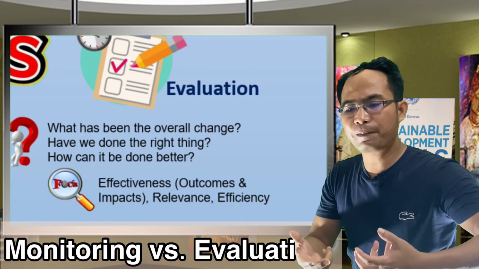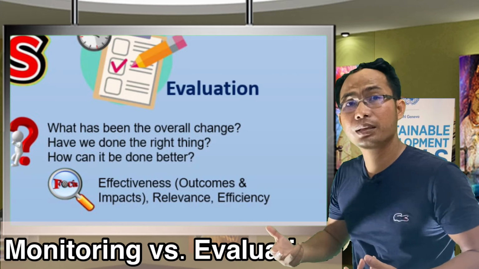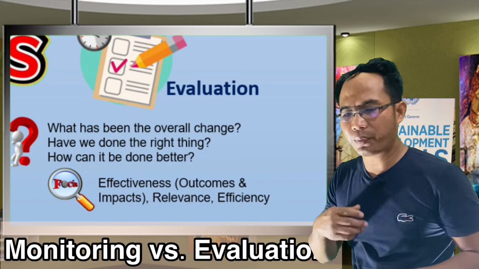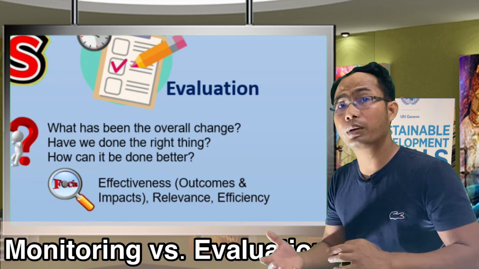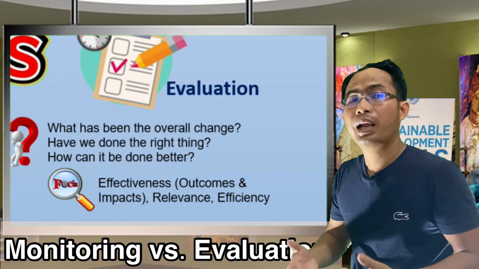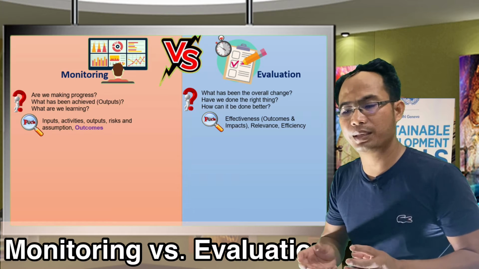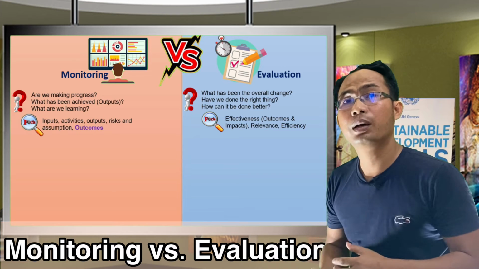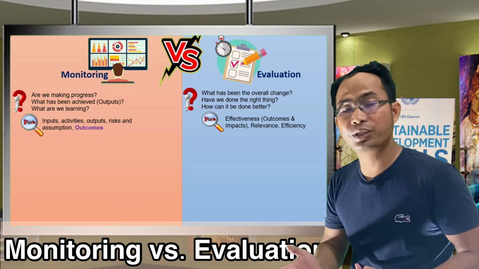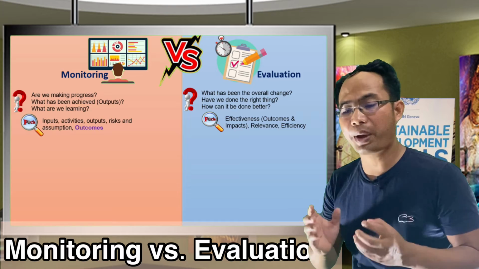And the same thing about relevance. I mentioned also, are we doing the right thing? You're talking about relevance and efficiency there: how we utilize our resources, whether we are efficient in using them or not. Those are the things we pay attention to when we conduct the project evaluation.